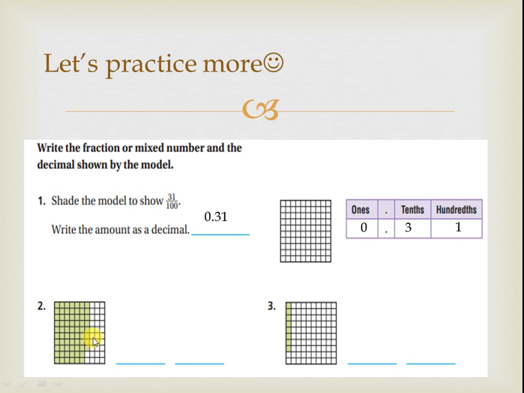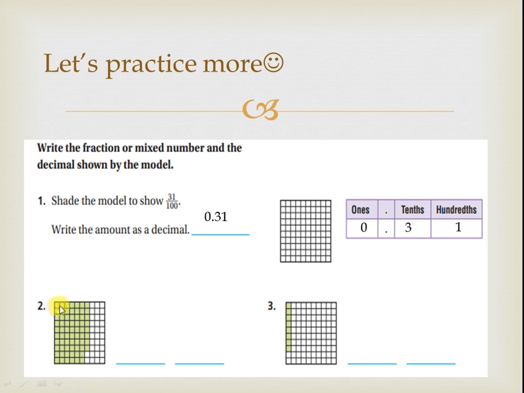So look here with me. Let's count how many parts in all here. It's 100. So the denominator will be 100. And how many colored parts? Every small piece is 1, and every whole line is 10.